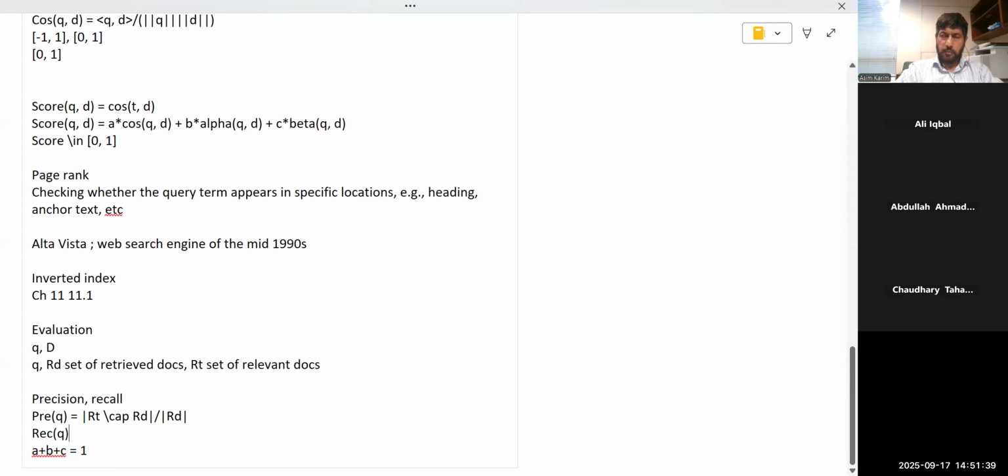Recall Q is the same thing. ऊपर वही चीज है, RT cap RD. अब डिनोमिनेटर में आपके पास क्या होगा? सो डिनोमिनेटर में RT होगा। टोटल रेलेवेंट डॉक्यूमेंट्स में कितने आपने रिट्रीव किए, वाइल प्रिसीजन में टोटल रिट्रीव में कितने रिट्रीव किए। ठीक है?